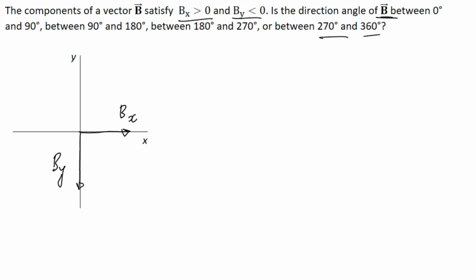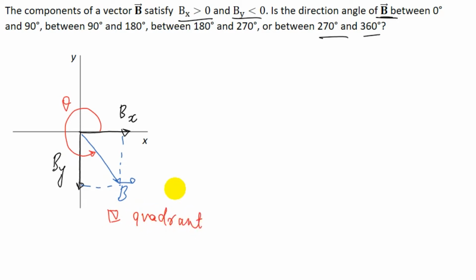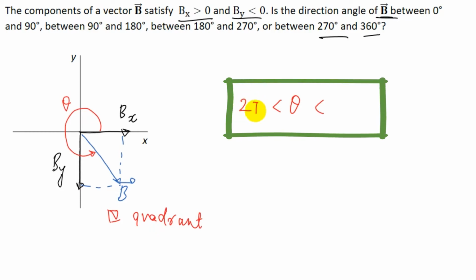Now from this diagram we can say that B should be in this direction. This is the vector B, and these are its components Bx and By. Now we know that we always measure angle in the anti-clockwise direction from the positive x, so this should be the theta, and this is our fourth quadrant, and in the fourth quadrant theta ranges from 270 degrees to 360 degrees. So this should be the correct answer for this question.